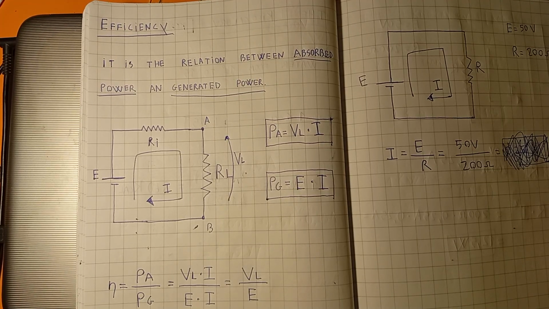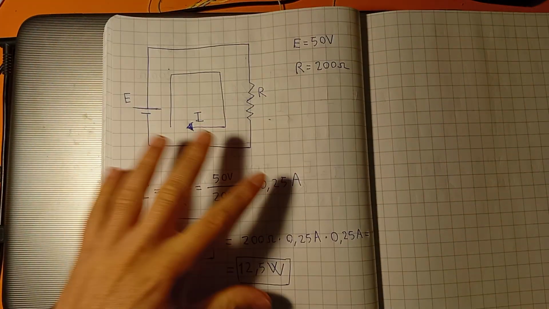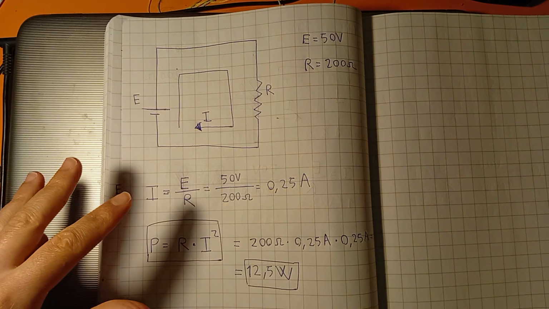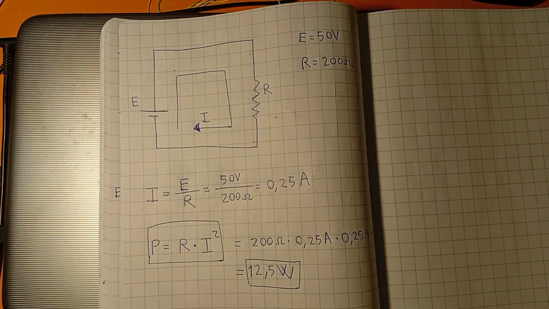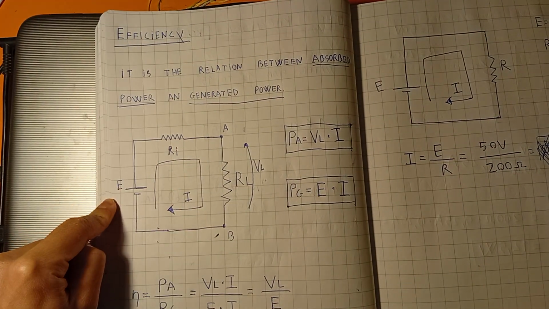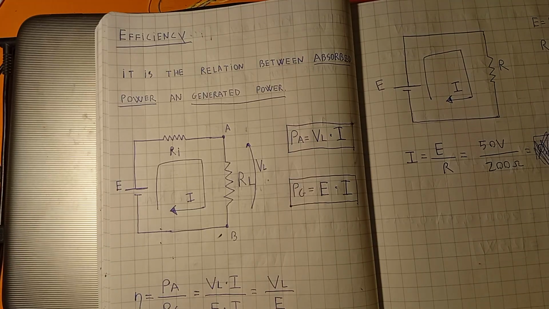Why are they not the same? In the first simple example, they were exactly the same, but that case is not real. It was just a very simple example to calculate power. In reality, this one is more similar to a real situation.